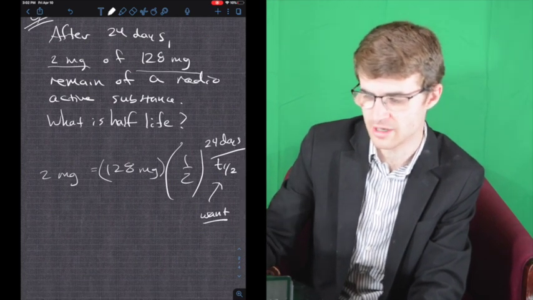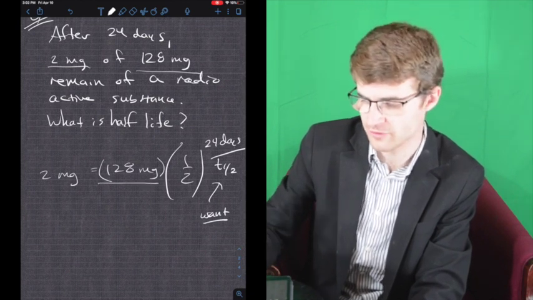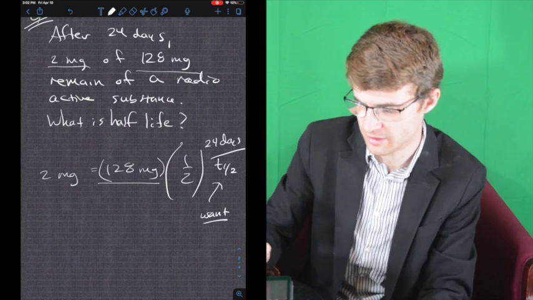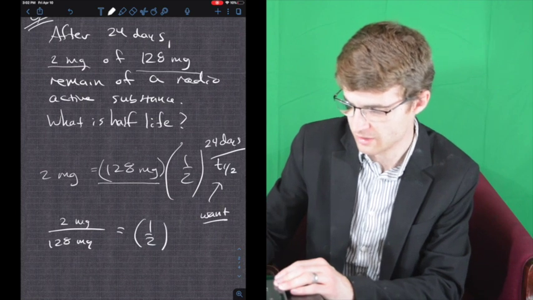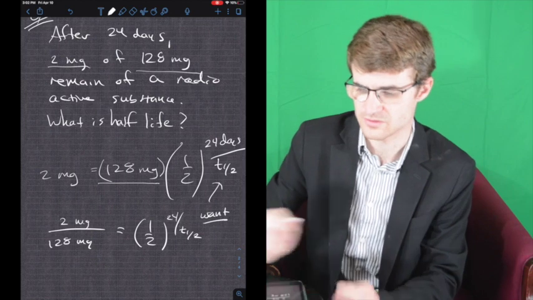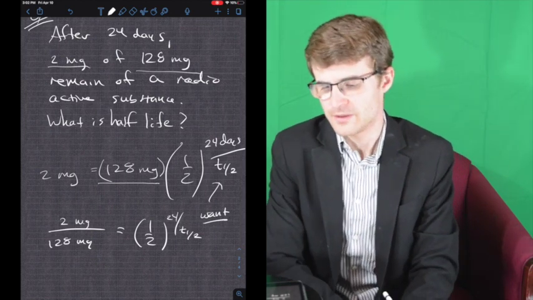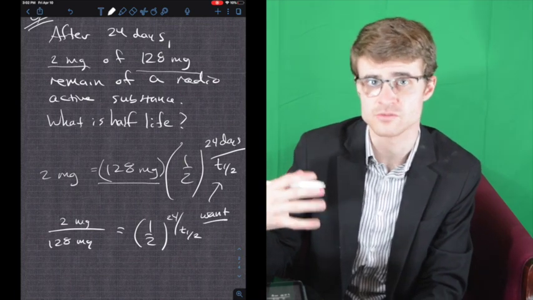What I'm going to do is try to work on isolating this half-life by first dividing both sides by 128 milligrams. So we have 2 milligrams divided by 128 milligrams. And I'm going to suppress units for right now on this side. So this is what we have so far. Because the unknown is in the exponent, we use logs to get that down.